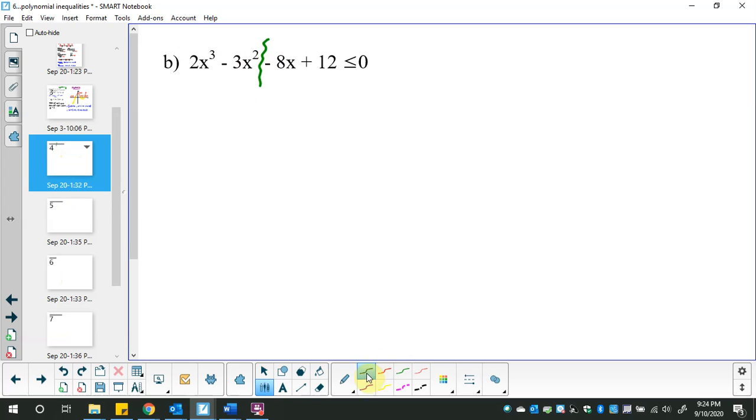So with this question, I can take out an x squared from the first two terms and leave behind 2x minus 3. And in the back two, I could take out a 4, but because this is a negative, I need to take out a -4, leaving behind 4 times 2x is 8x. -4 times -3 would go back to being positive 12 equals 0.